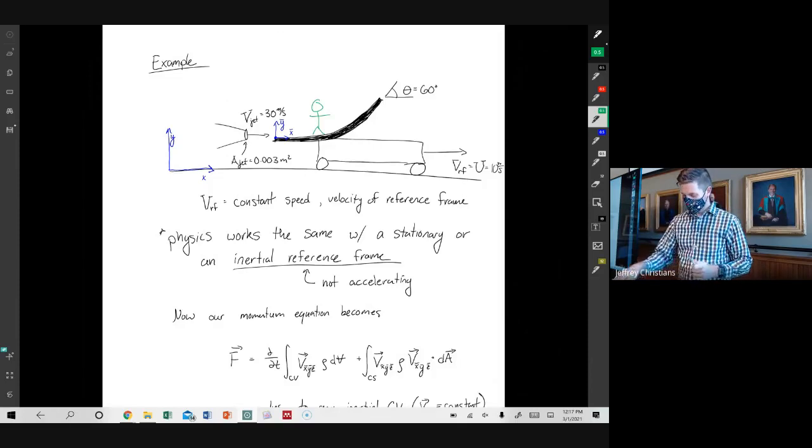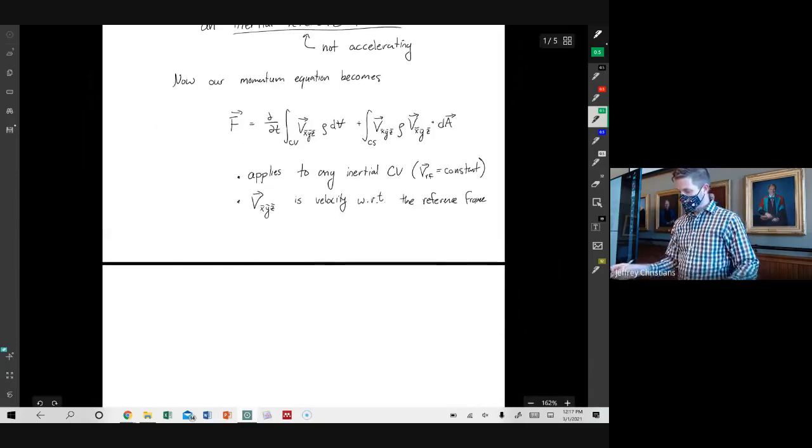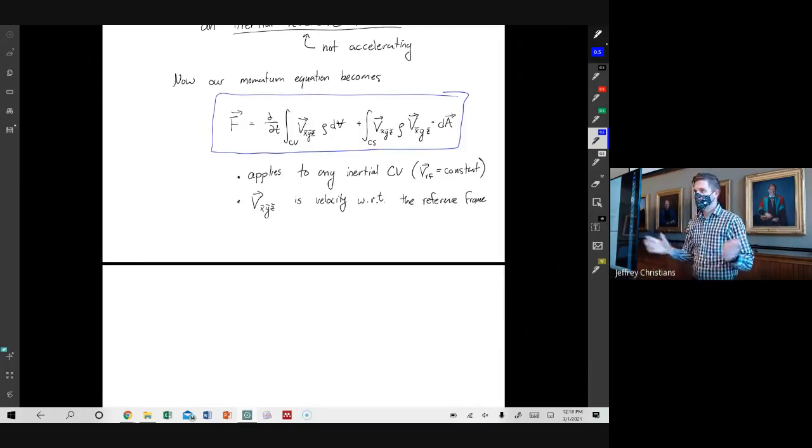So the notation here on this problem, just like the velocities here, v, x bar, y bar, z bar, it's the same velocity that we've always been using.